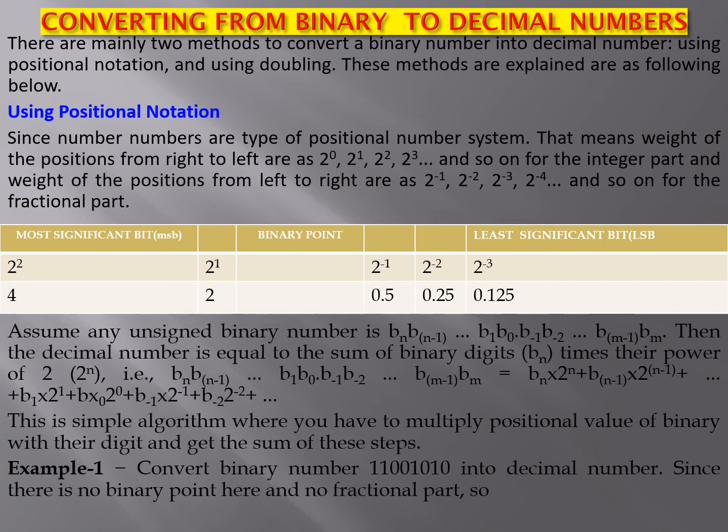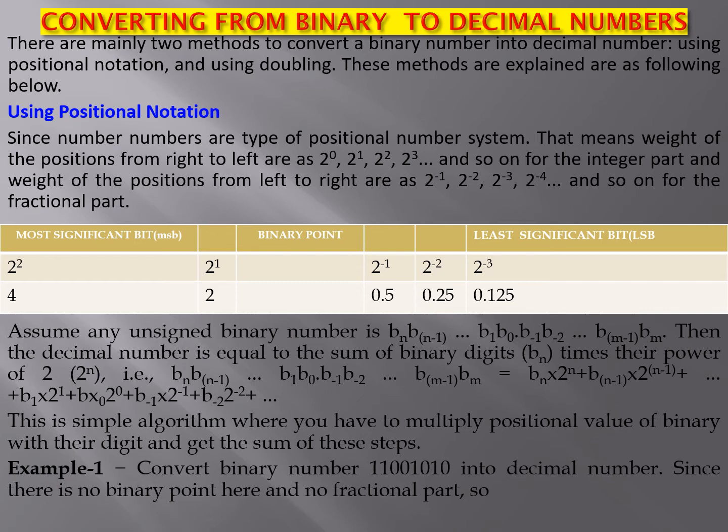Using positional notation, since it is a positional number system, the weights of the positions from right to left are 2 to the power of 0, 2 to the power of 1, 2 to the power of 2, 2 to the power of 3, and so on for the integer part. The weights of the positions from left to right are 2 to the power of minus 1, 2 to the power of minus 2, 2 to the power of minus 3, 2 to the power of minus 4, and so on for the fractional part. The leftmost bit is the most significant bit, followed by the binary point, with fractional weights 0.5, 0.25, and so on.